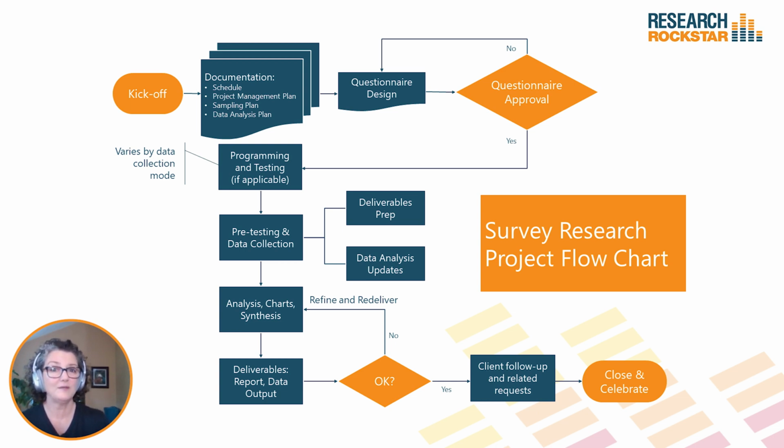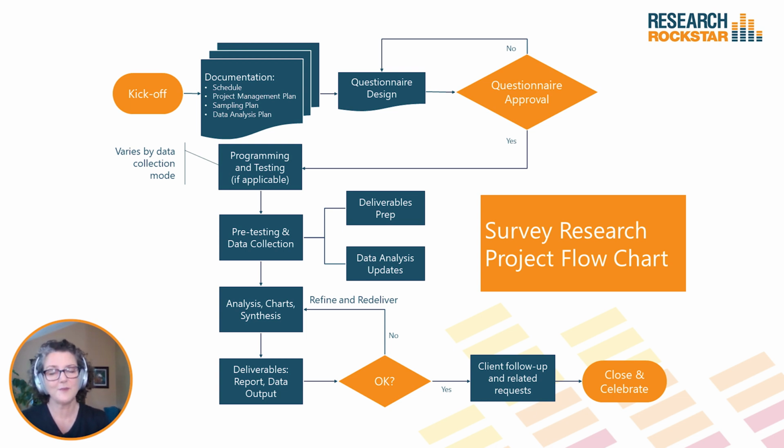And questionnaire design will always be an iterative process. You will never design a questionnaire and the first draft of it you send to your colleagues or clients or stakeholders and they all say, fantastic job, this is it. There's always going to be feedback. There's always going to be opportunities to improve. But again, if you've done a good job of everybody agreeing on the sampling plan and the data analysis plan, you're going to be close.